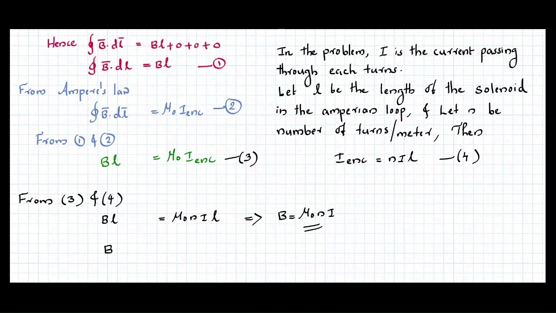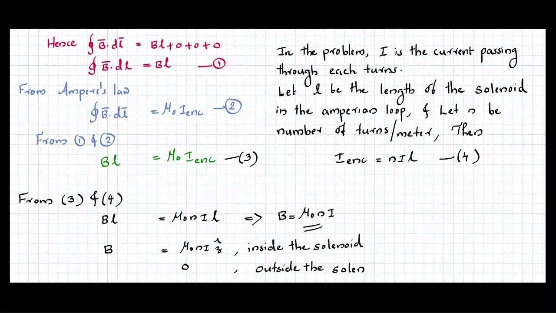B equal to mu 0 nI is the magnetic field due to the solenoid, which runs parallel to the axis, and 0 outside. That is, B is equal to mu 0 nI z cap inside the solenoid, and B is equal to 0 outside.